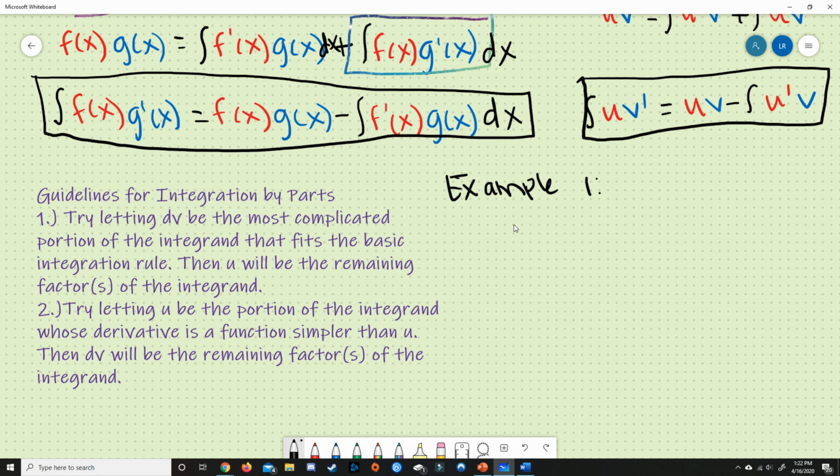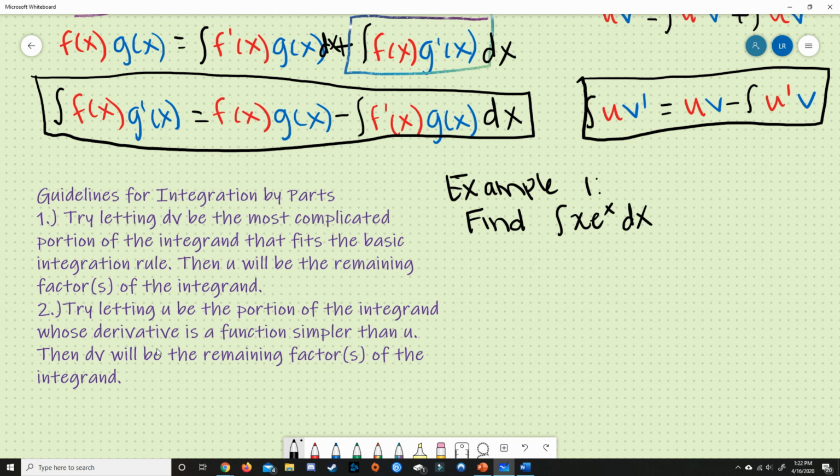And we want to find the integral of x e to the x dx. And I like using u and v. It's just less writing for me. So I'm going to use u and v instead of the f of x and g of x. And so we need to figure out which of these is u and which one is v prime.